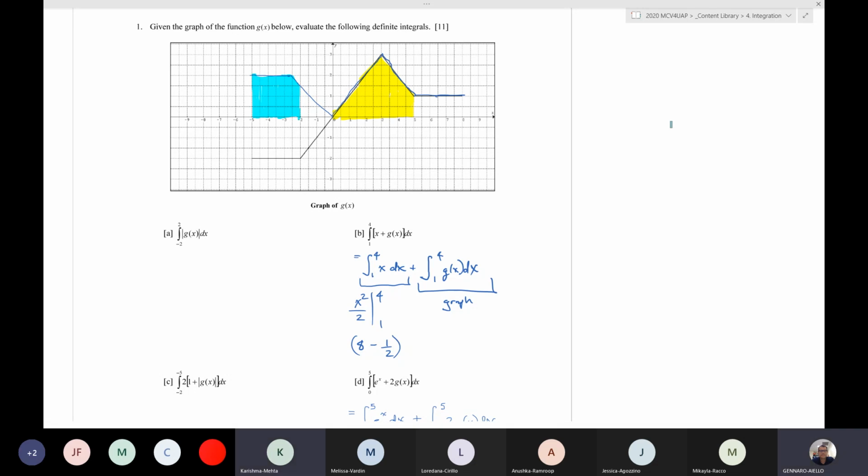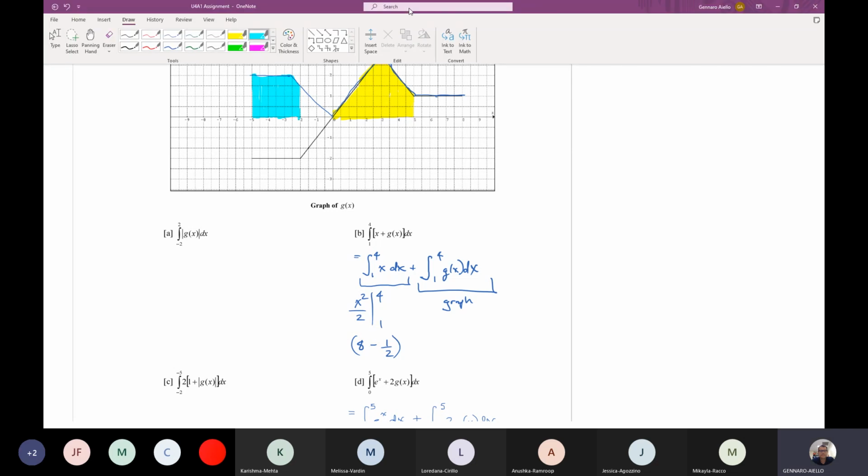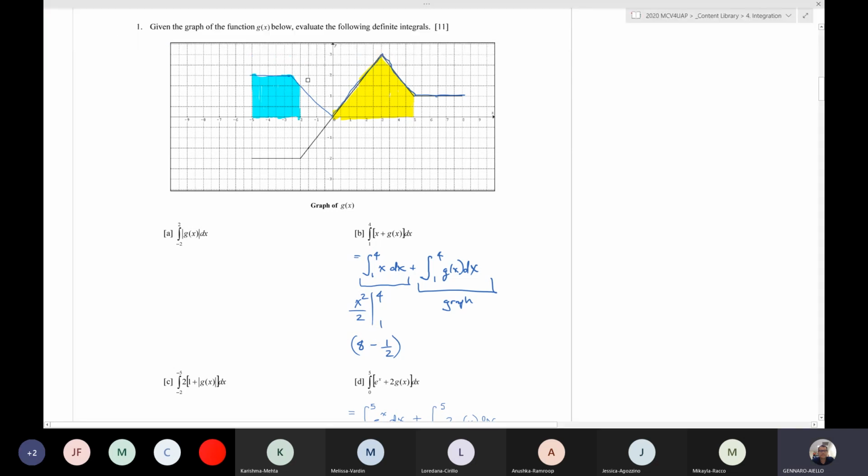Any other ones? Actually, I didn't do a good job of drawing that. That drawing is actually not correct. It should be more like that. That's a little better.